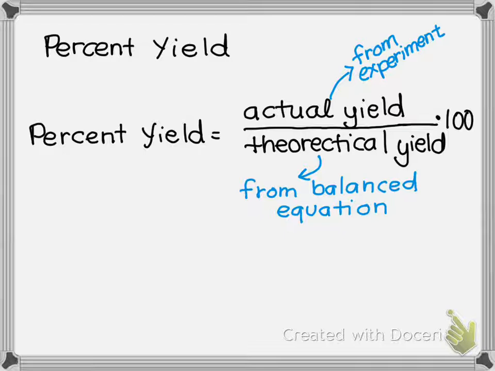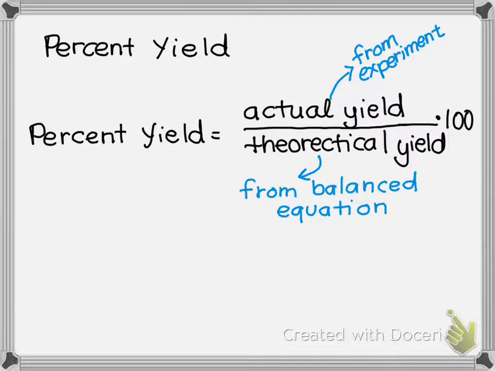And the things that will make our actual yield less than what we predict could be things that you might have already encountered in lab. Maybe the conditions aren't ideal. Maybe you make a transferring mistake and don't get all of your product from one place to the other. Maybe the reaction ends up not being complete because there are side reactions that the balanced chemical equation doesn't take into account.